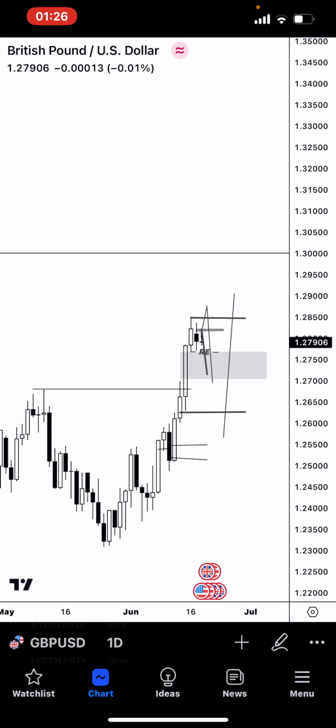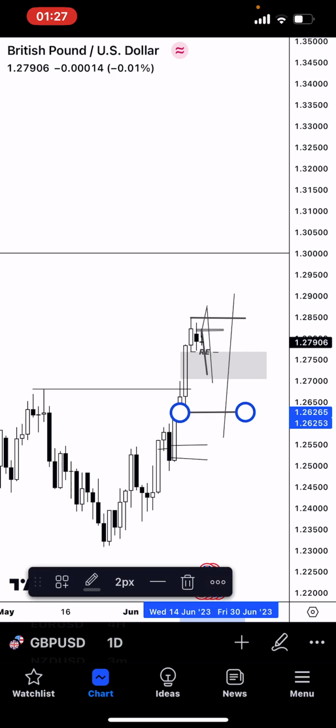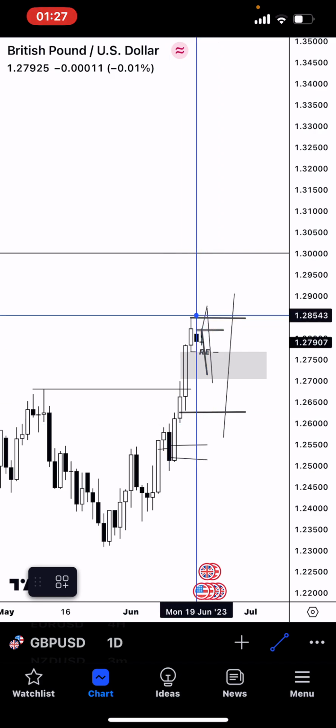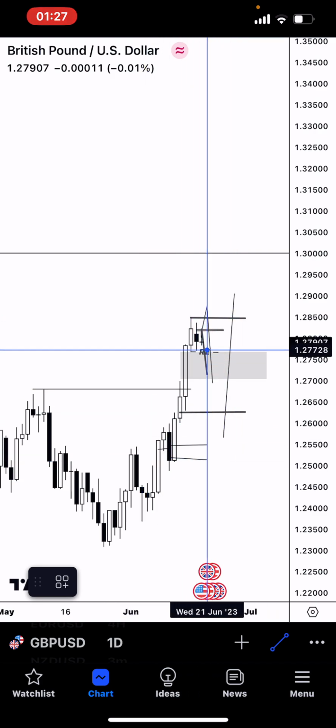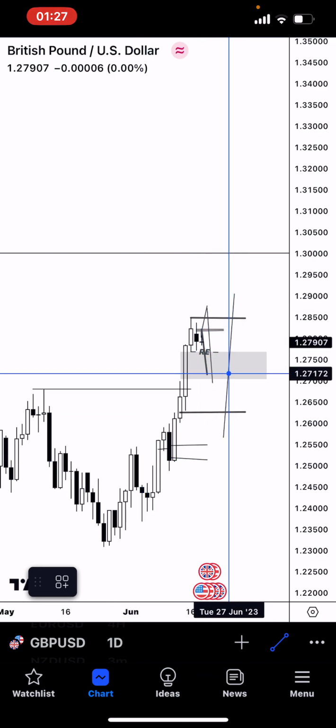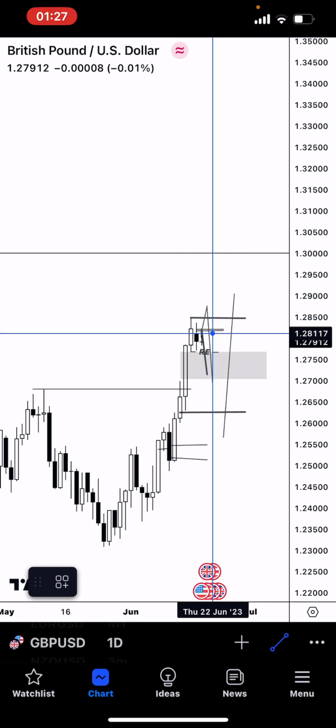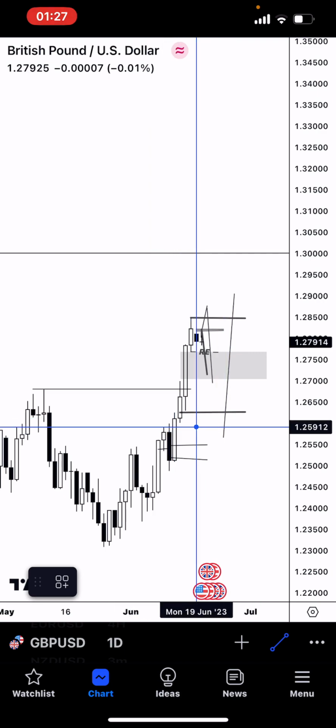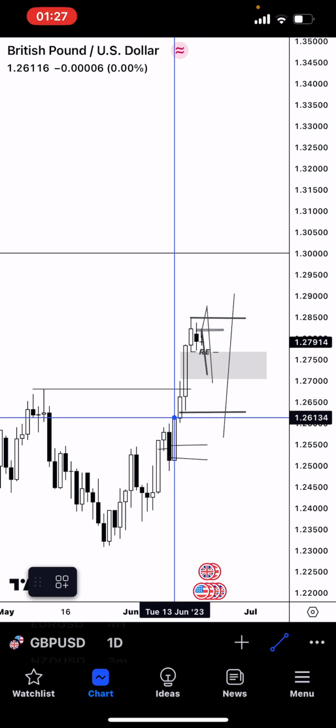So we can see we have the fair value gap. Our next area of order block is around here. So I'm not going to wait until it comes down here. I need to trade around here first. I need to predict what's going to happen from here, not when it comes down to there, because that could take months, or multiple months.